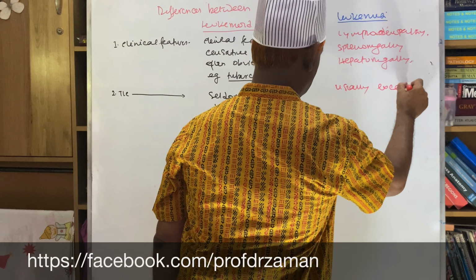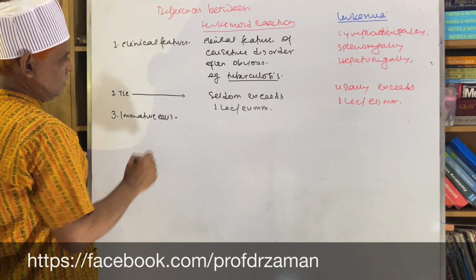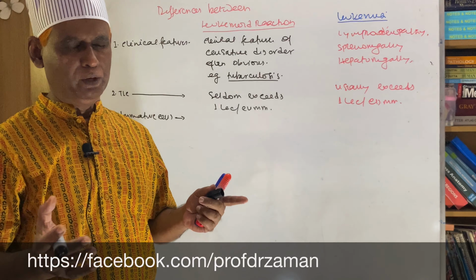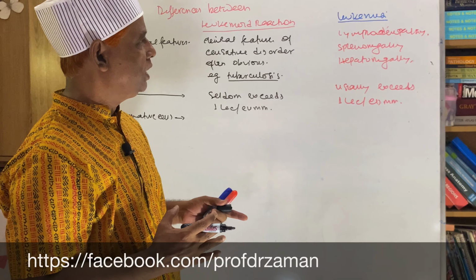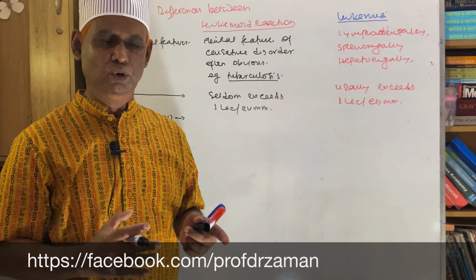Number 3, invasive cells. Dear audience, if we declare a case by the invasive cells, either in bone marrow or in peripheral blood, in leukemia it should be more than 15%.